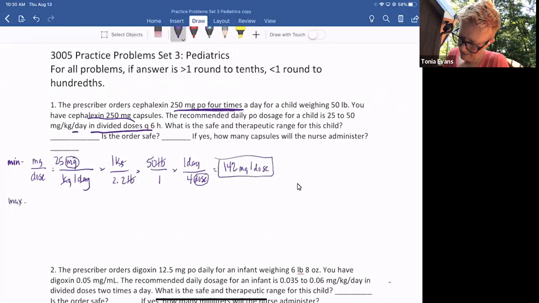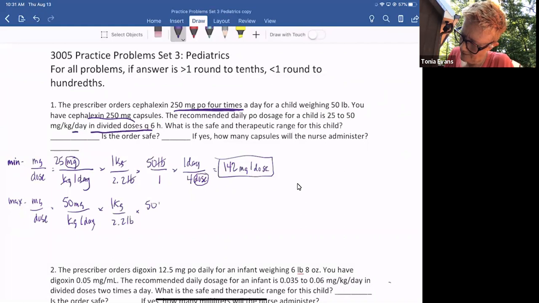Our max milligrams per dose. On these range questions, if you've done the minimum correctly, then max is pretty easy. You just plug in the maximum dose. Everything else is going to be unchanged. Oops.